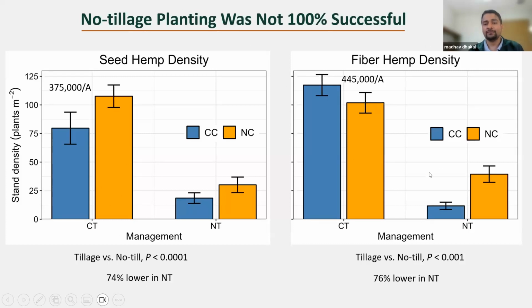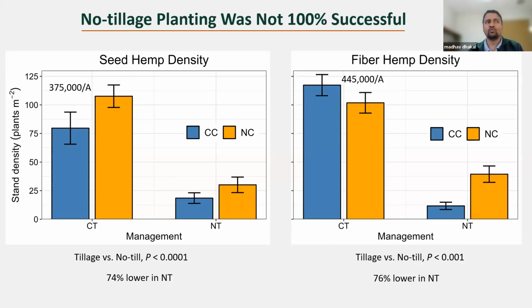For the fiber hemp, the emergence was better under the conventional tillage practice. Like we tilled for the termination of the cover crop, and with the cover crop, the emergence was good. The stand density was really poor under the no-till system, especially with the cover crop residue on the top. So for both fiber hemp and seed hemp, the establishment was poor with the no-till system.